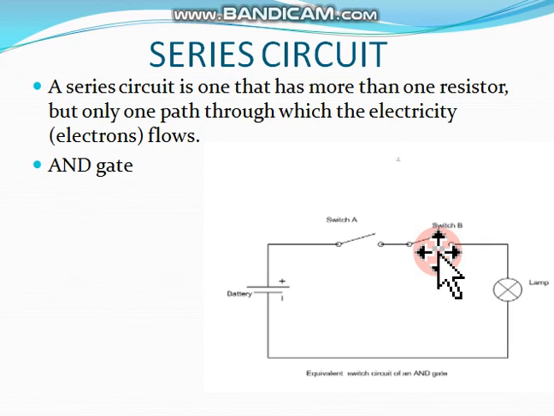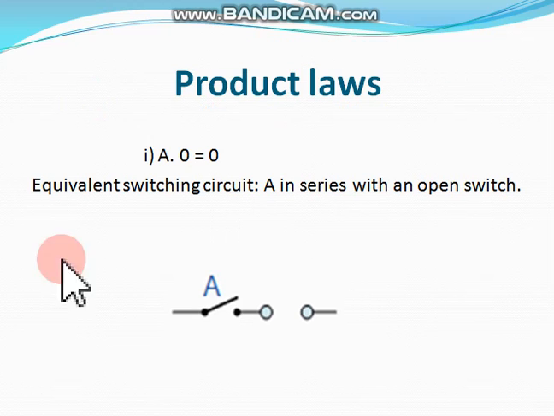The condition is that all the switches should be closed for power to go through that same one path and reach the lamp. And it is the same logic of AND gates that we are using for product laws to come up with these circuits. Yep, so I hope you've understood.